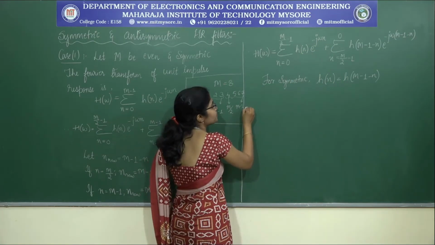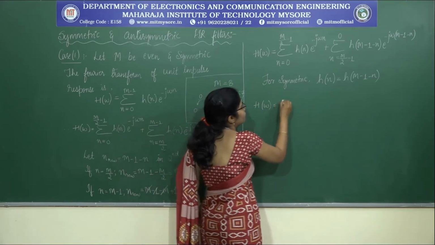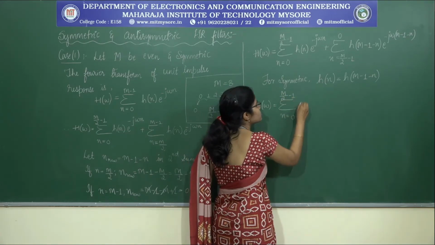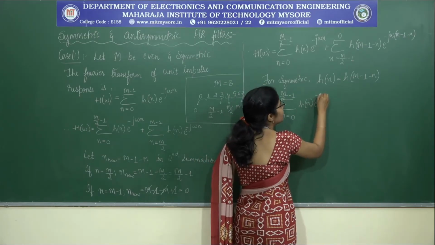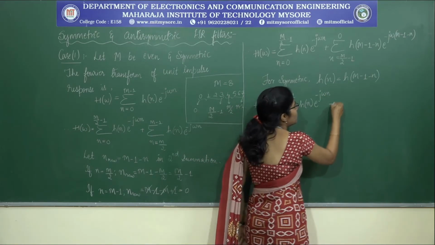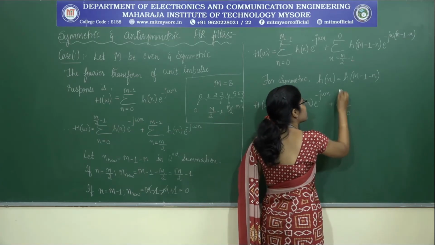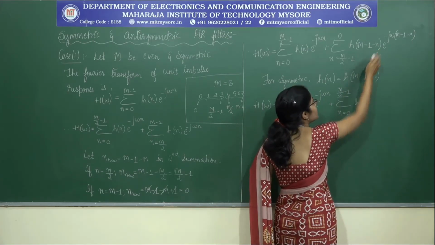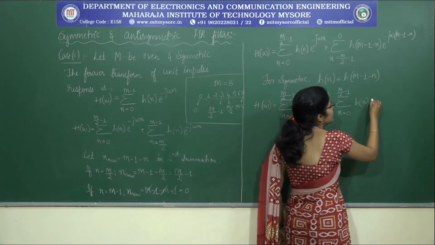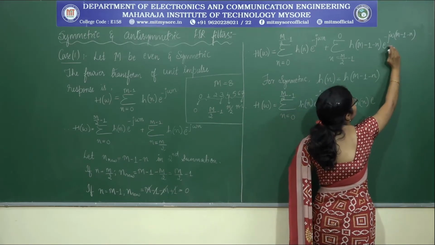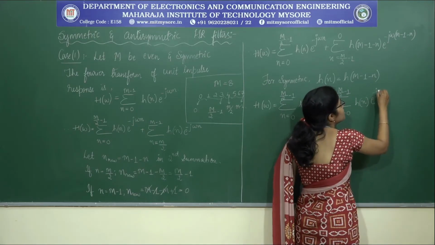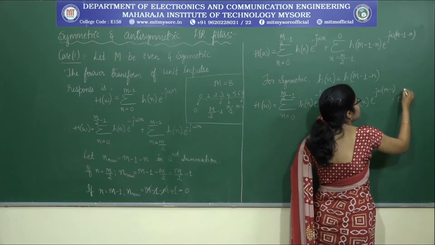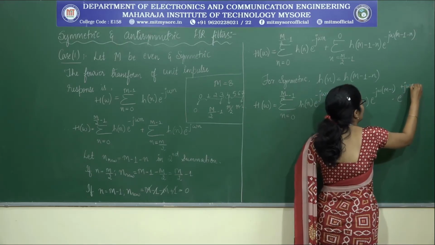So, if I rewrite the equation, H of omega will be equal to summation n ranges from 0 to m by 2 minus 1 h of n into e power minus j omega n plus summation n ranges from 0 to m by 2 minus 1, where instead of h of m minus 1 minus n, I write h of n into e power, and let me split this exponential term: e power j omega into m minus 1 into e power minus j omega n.